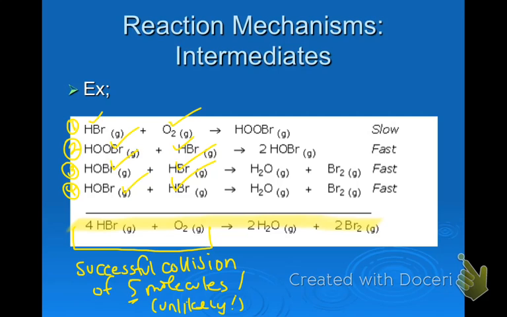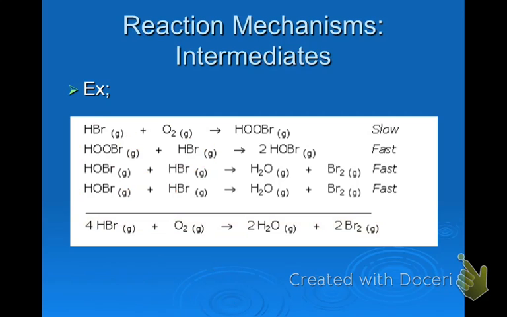And they combine, if you look at the overall reaction, and you were to cross things off that appear on both sides and combine, here you have an HOOBr showing up on 2 sides, and then you have 2 HOBr's, and then you have 2 on the side.